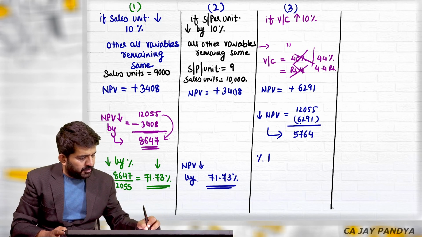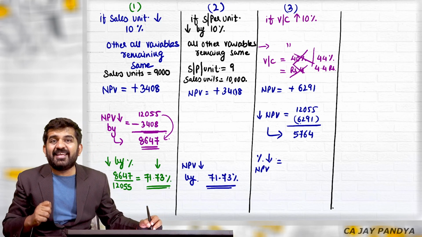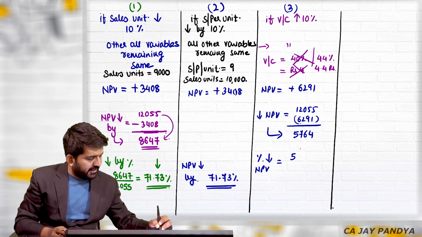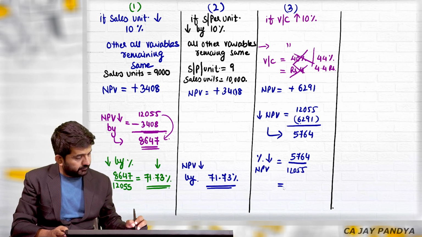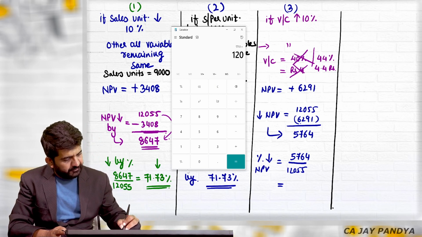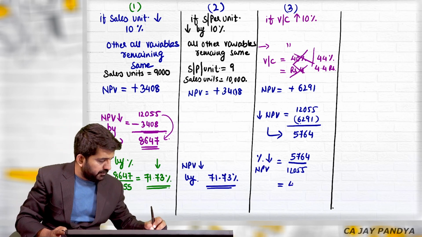And what is the percentage decrease in NPV? If variable cost increases by 10%, then the percentage NPV will decrease by 5764 divided by original, multiplied by 100. 5764 divided by 12,055 multiplied by 100 is 47.81.